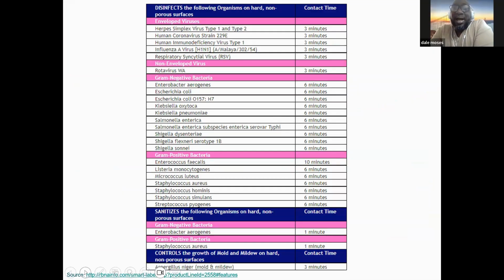Hepatitis can last days on surfaces and is a very hardy, very strong virus. It can live outside of the body for a very long period and needs cleaning and disinfectant for it to be handled properly. So again, these are just some of the contact times for some of the disinfectants that we do use, showing which are easier to kill and which are much hardier.